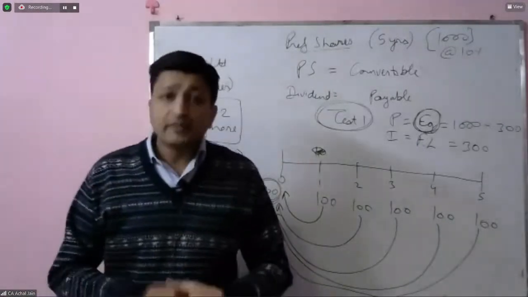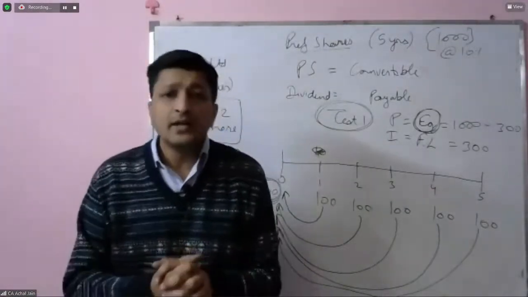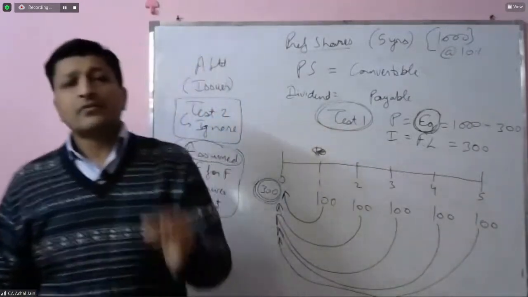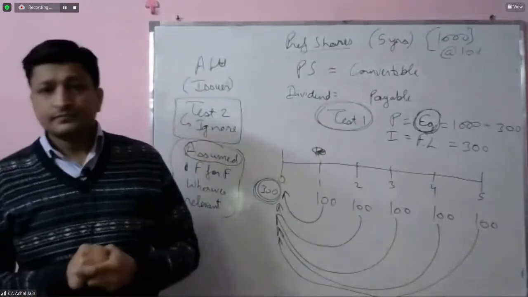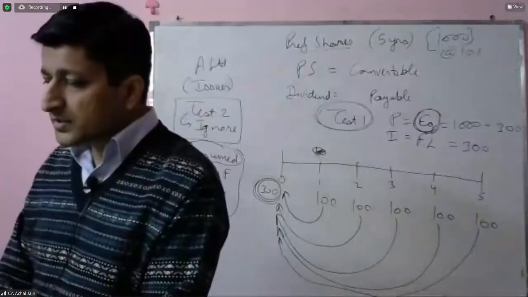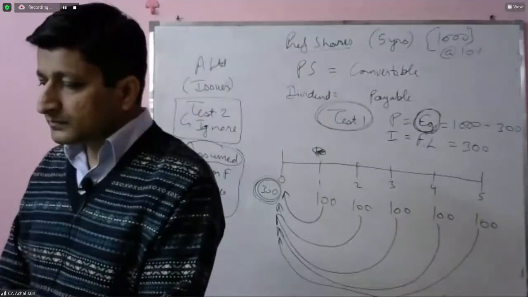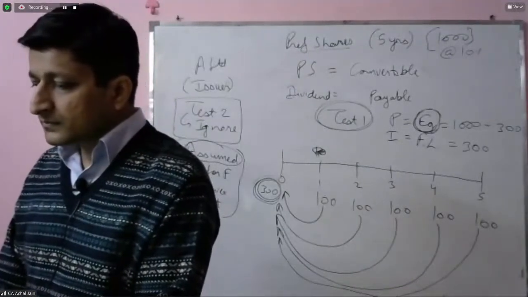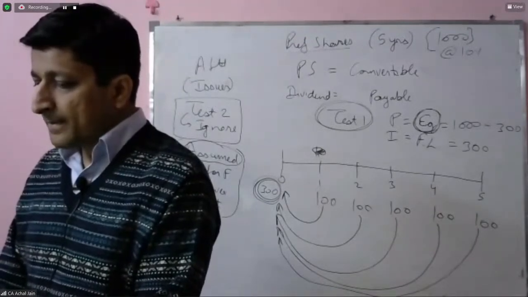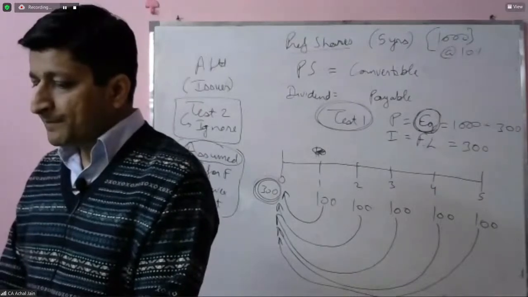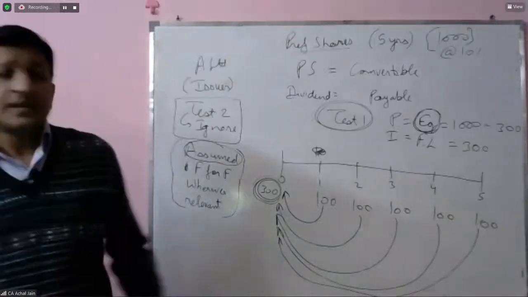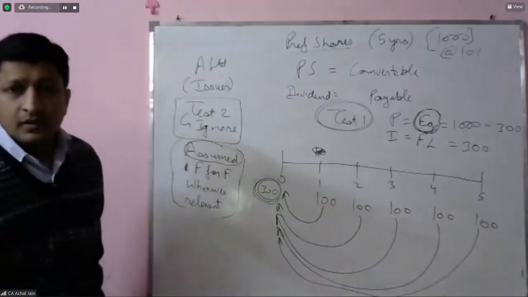So I'm hoping that you have understood how the measurement of 2 components will be done in case of compound financial instrument. All of you clear? Any questions from your side on this?